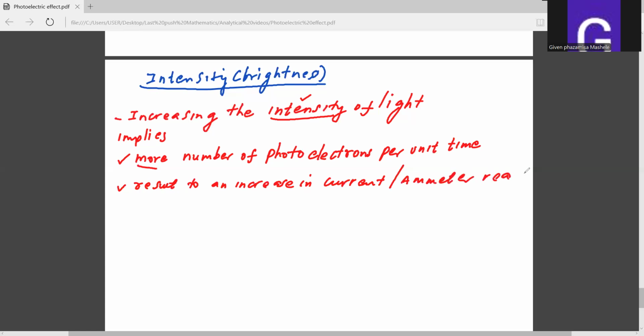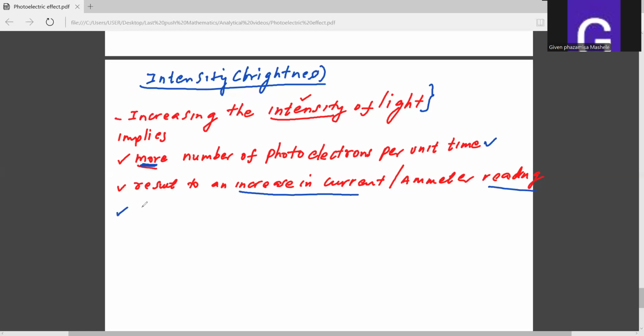Guys, you need to understand something here. Why is it like this? Increasing the brightness does not have any impact on the frequency of light. The frequency of light will still be the same. Because of that, the intensity just causes the photoelectrons to be more per unit time, and it means there will be an increase in current or the ammeter reading.